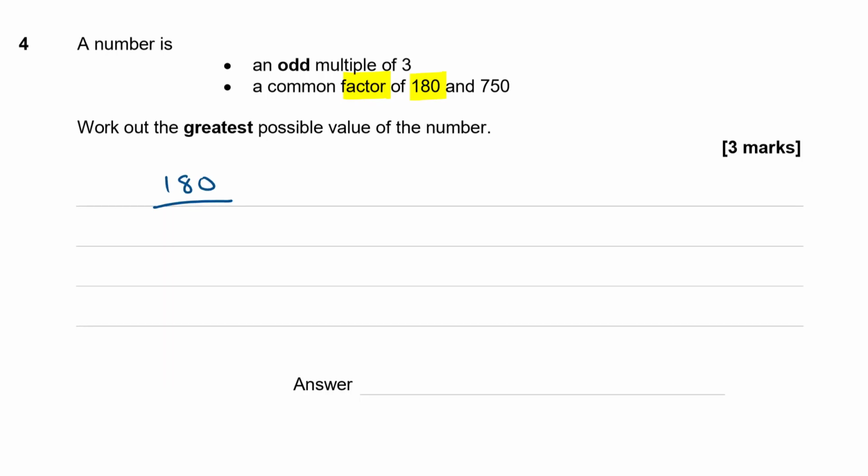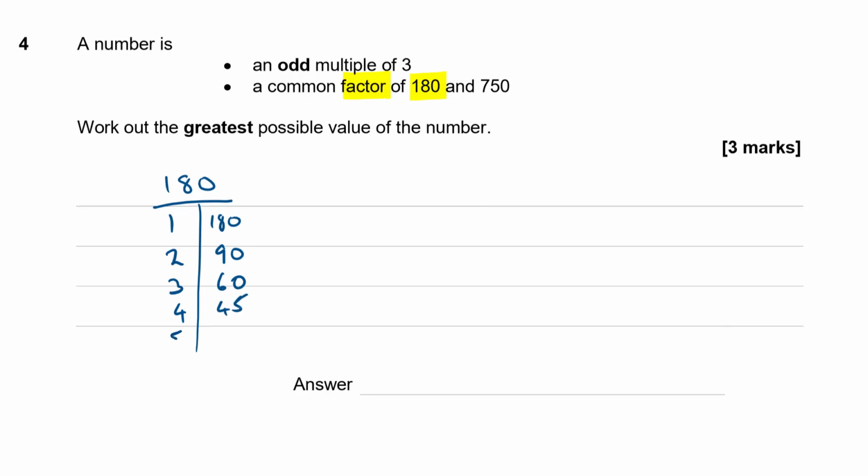So let's have a look at 180. So factor pairs of 180. I've got 1 and 180. I've got 2, which goes with 90. 3 goes into 180, doesn't it? 3 times 60. Does 4 go in? Yes, it goes in 45 times.